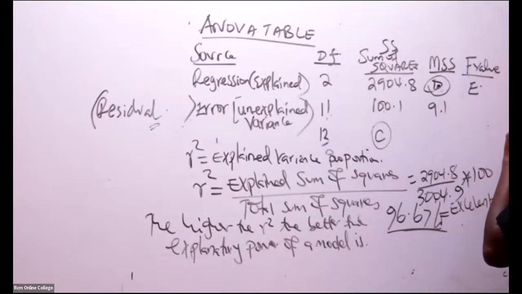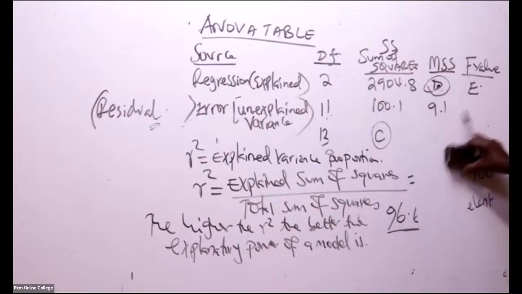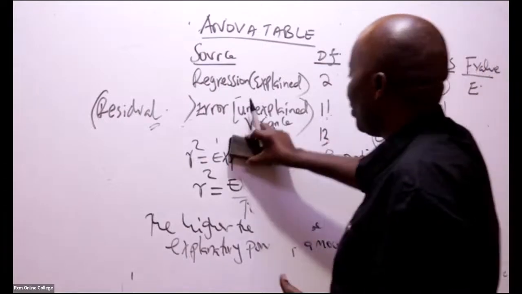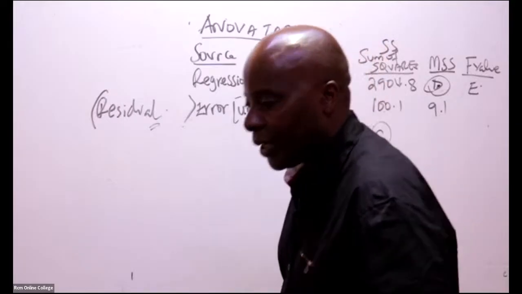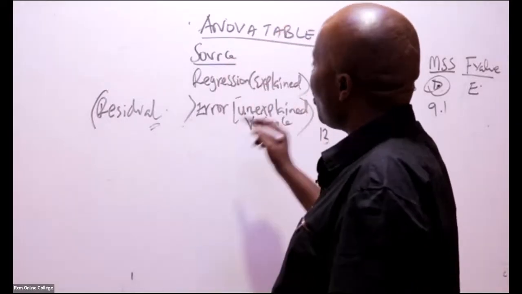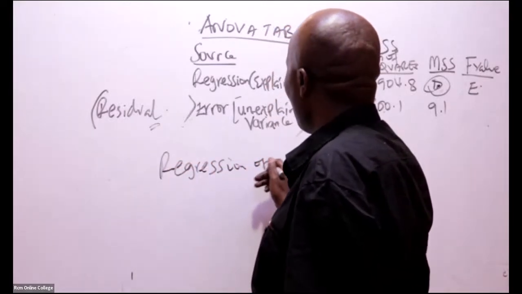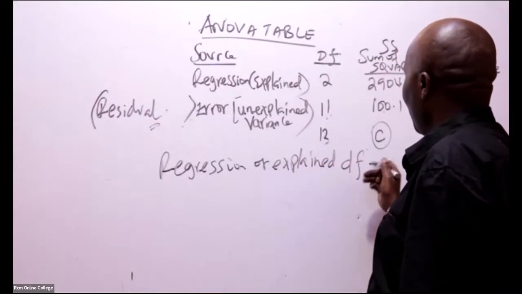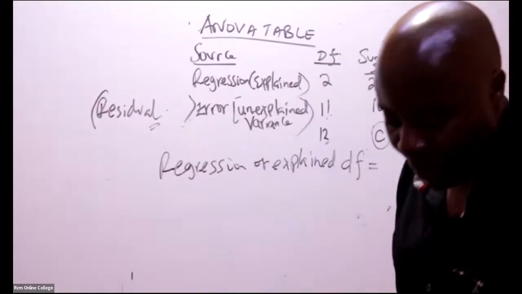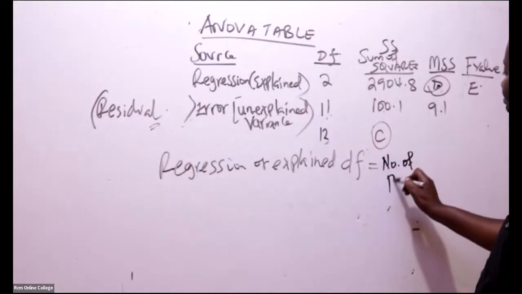Now with your permission, I should go backward a little bit and explain how that 2 was gotten. To get the regression, or explained, degrees of freedom, this will always be equal to the number of predictor variables.